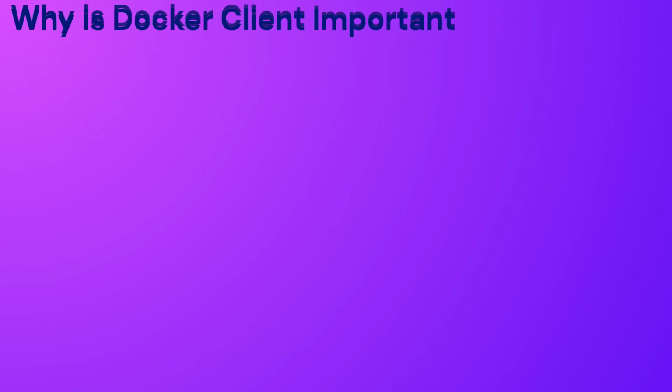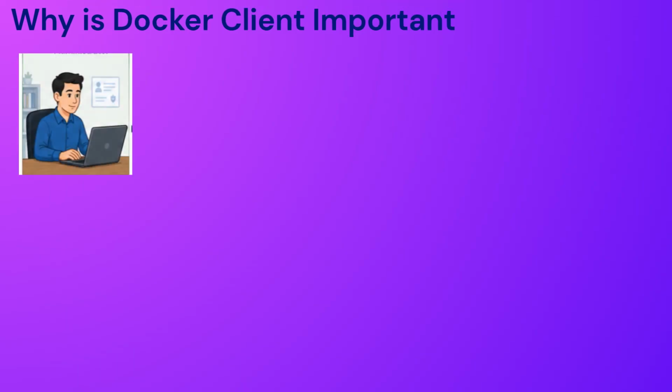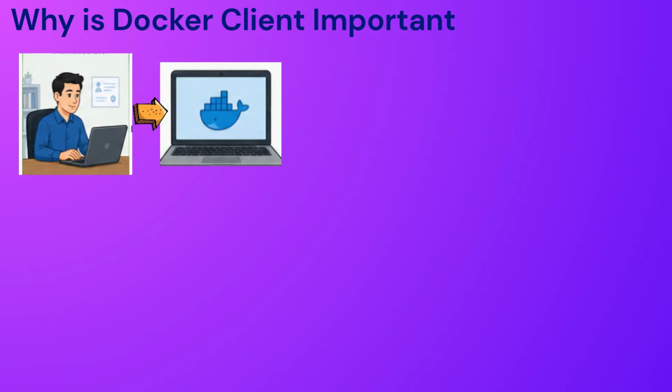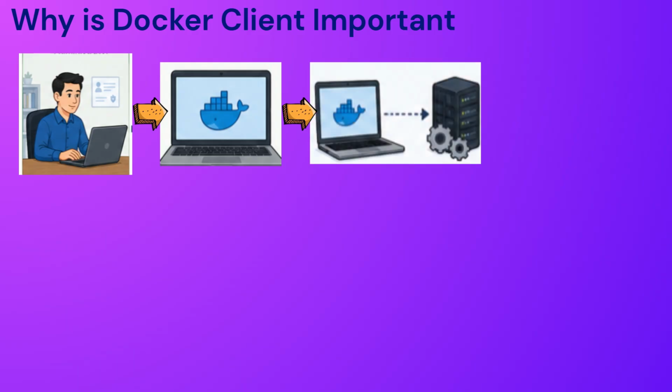Let's take a middleware admin scenario here. Suppose you want to start a Tomcat container. You execute docker run tomcat. The Docker client receives the command and sends the request to the Docker daemon. The Docker daemon checks for the Tomcat image.